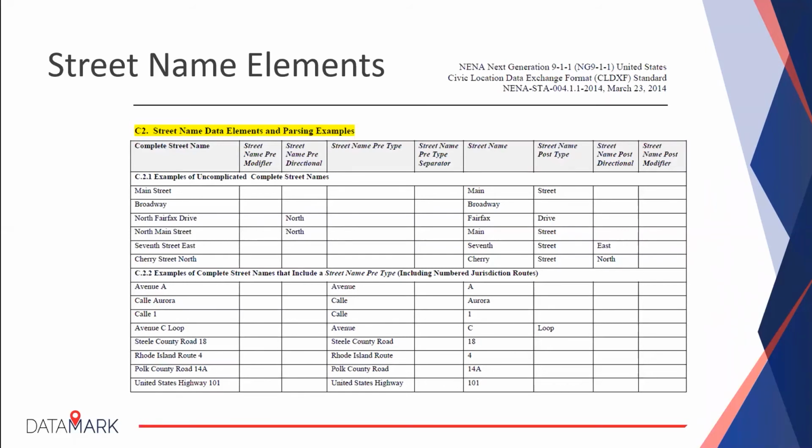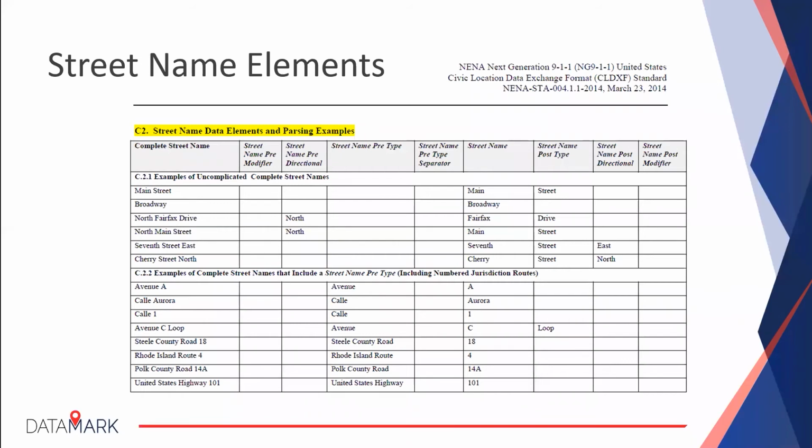Avenida being the pretype, de las being the pretype separator, and Arenas being the street name. It also occurs in English. The famous Avenue of the Americas in New York City is a good example, where Avenue is the pretype, of is the street pretype separator, and Americas is the street name.